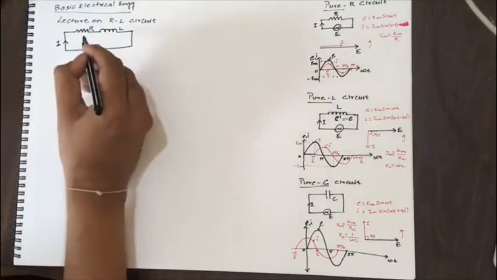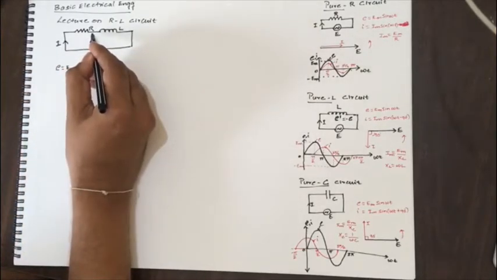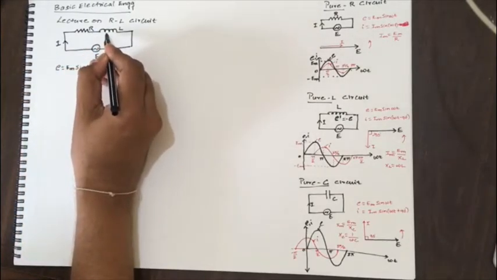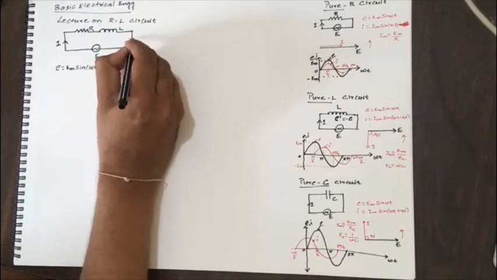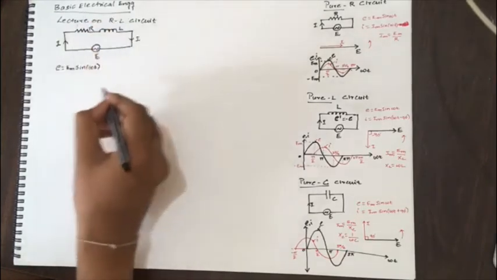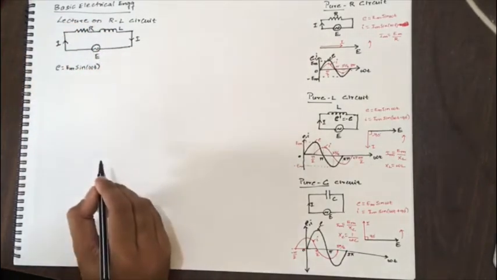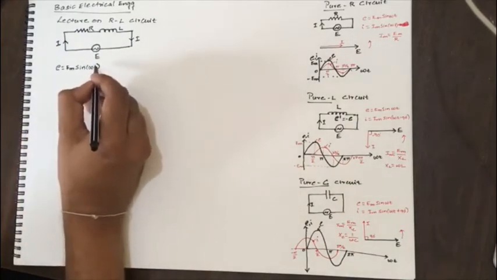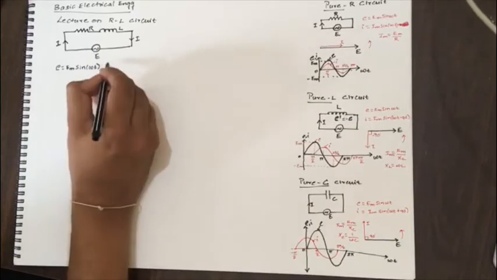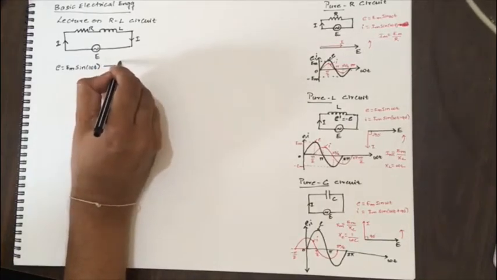Now the current I flows through the resistance R, the same current I flows through the inductance L, and comes back to the source E, and this continues as long as the circuit is closed. Let us take this as equation 1.